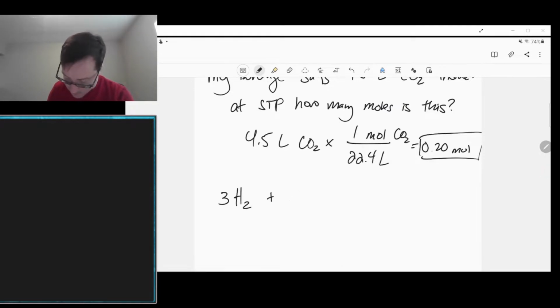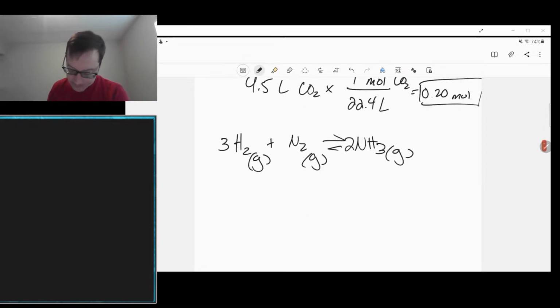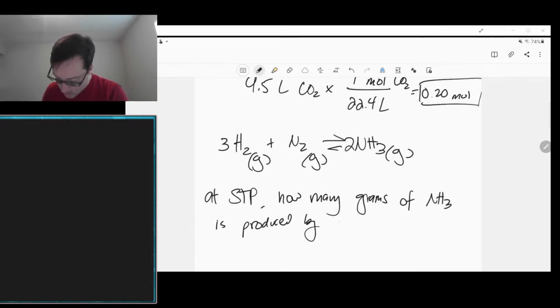Here's one of our favorite equations that takes place with gases. At STP, how many grams of NH3 is produced by 80 liters of H2 with excess nitrogen?